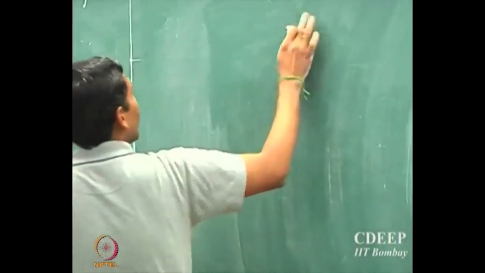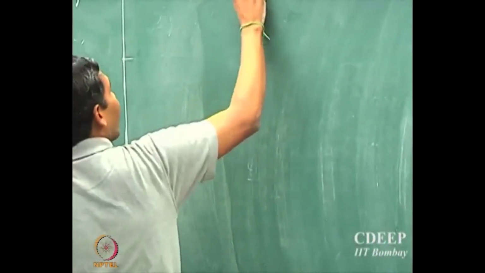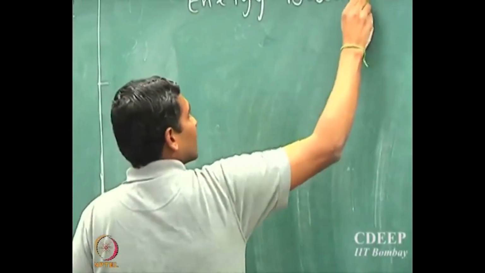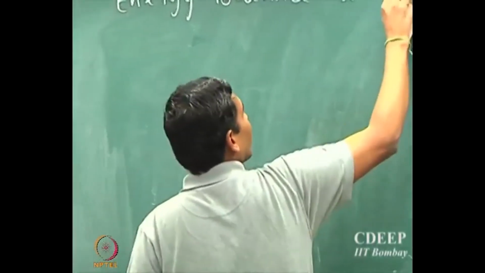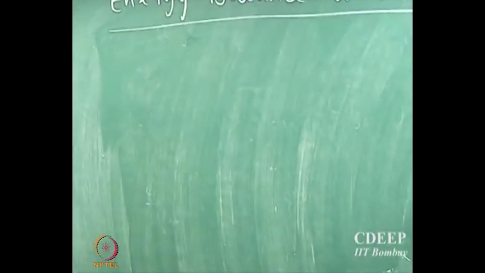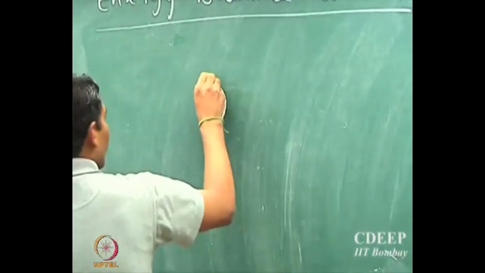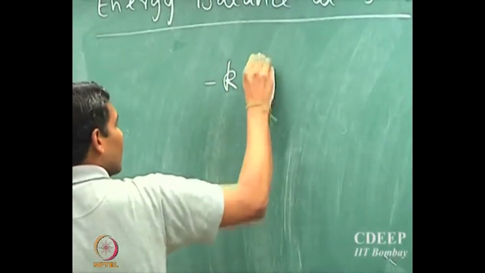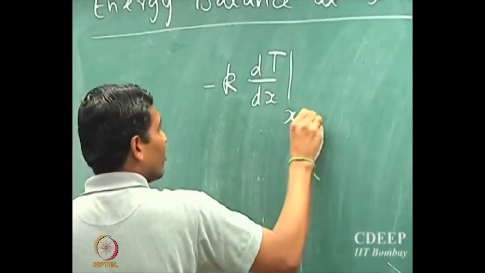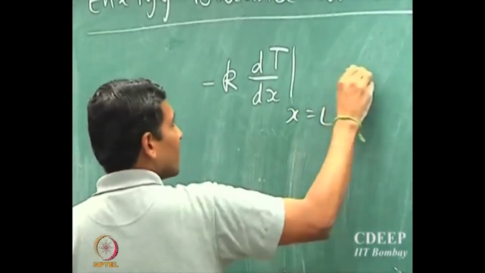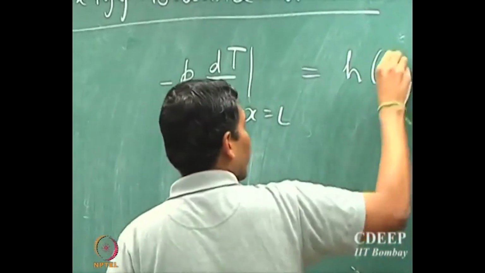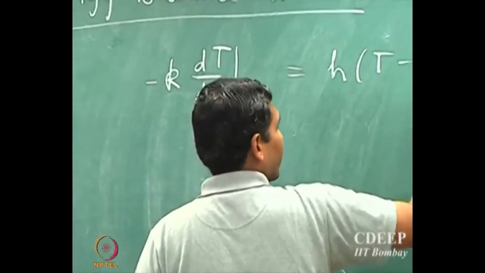So what I need to do is I need to write an energy balance at x equal to L. That's what I need to do. Okay. So minus k dT by dx at x equal to L should be equal to the amount of heat that is transported because of convection, right?